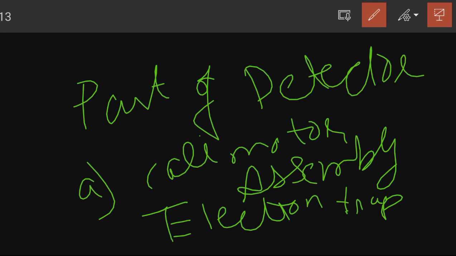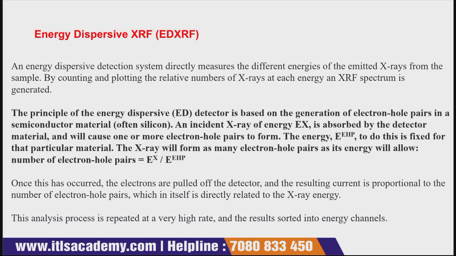Its purpose is to guarantee that only X-rays enter the detector, and no other rays. It has a pair of permanent magnets to strongly deflect the passing electrons. This is the basic purpose behind it.